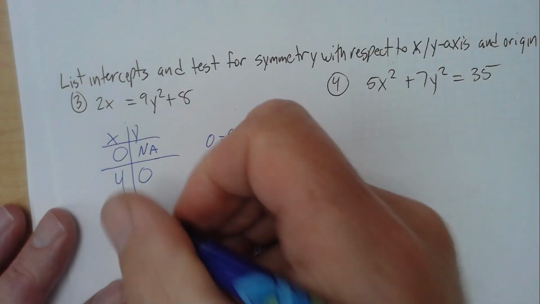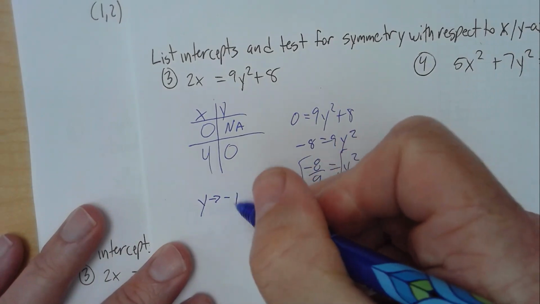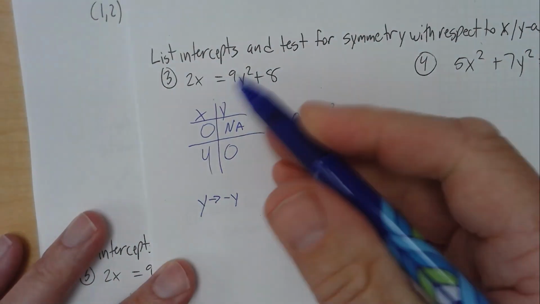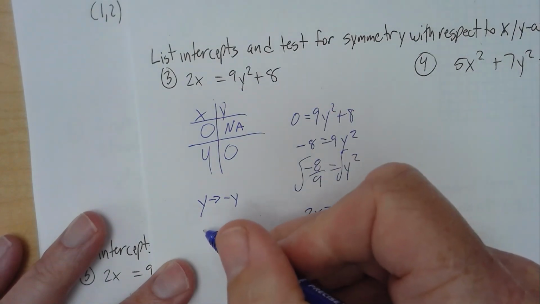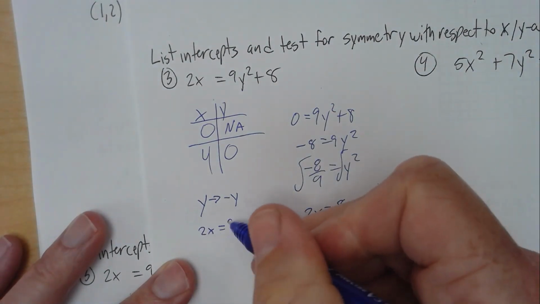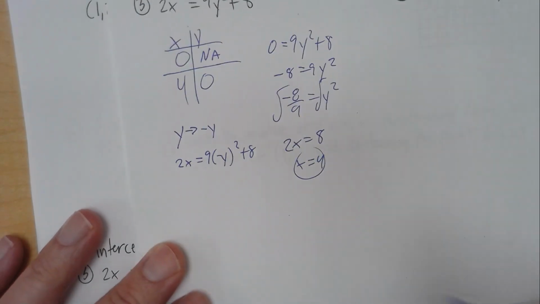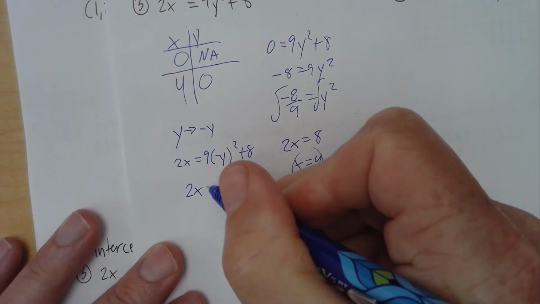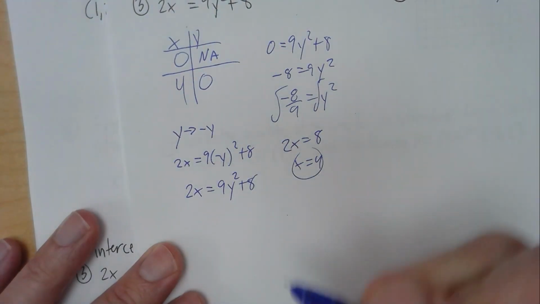So when I replace y with -y, it goes back to itself. So if I have 2x is equal to 9 and then -y squared plus 8, if you square that, you get 2x is equal to 9y squared plus 8, because it's squared.